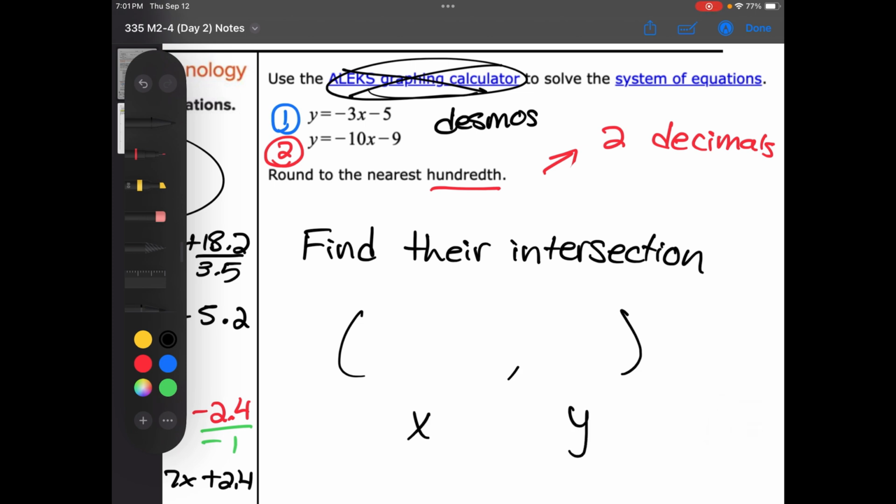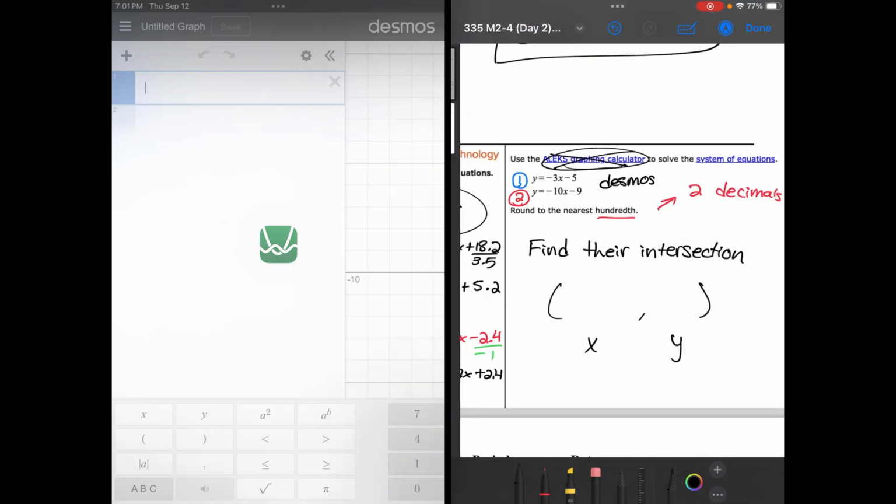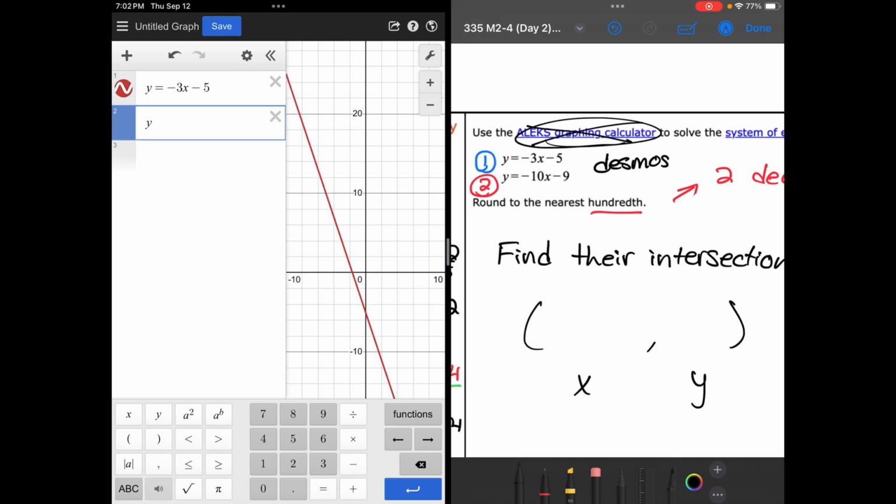So I'm going to go ahead and hop over to Desmos real quick. Let me see if I can actually do it side by side. Yes, this is perfect. Okay, so I'm going to go ahead and type it in. The first one is y equals 3x minus 5, and I don't want to forget my negative. So there's the first graph, and then the second one is y equals negative 10x minus 9.